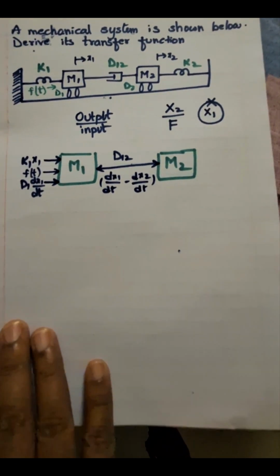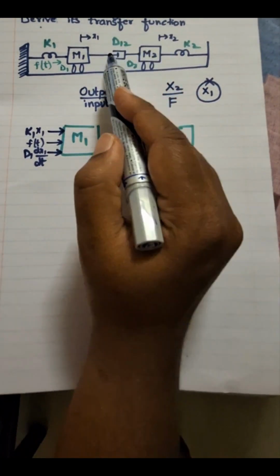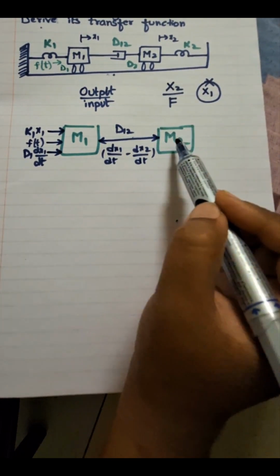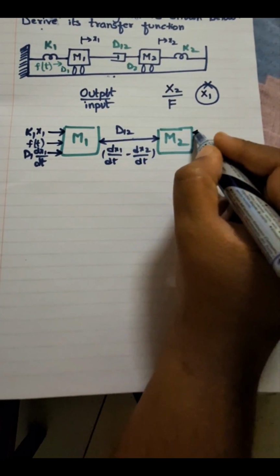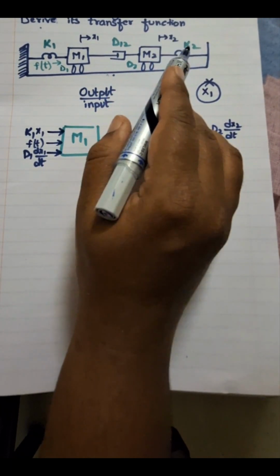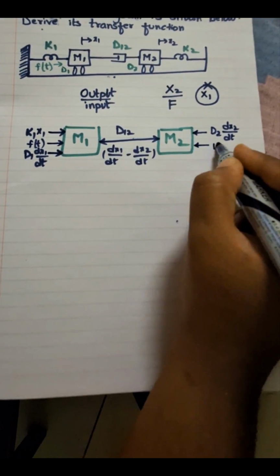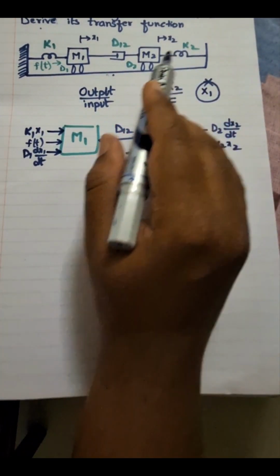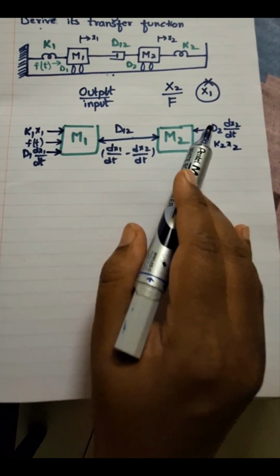Then for mass 2, D12, so mass 1 everything is done. Then M2 is done. D2 is also there, so it means D2 dx2 by dt, because here displacement is x2. D12, D2, M2, x2, K2, so K2 x2. Anything else left over? So 1, 2, 3, 4, 5, 6. Yes, we are done with the single line diagram.